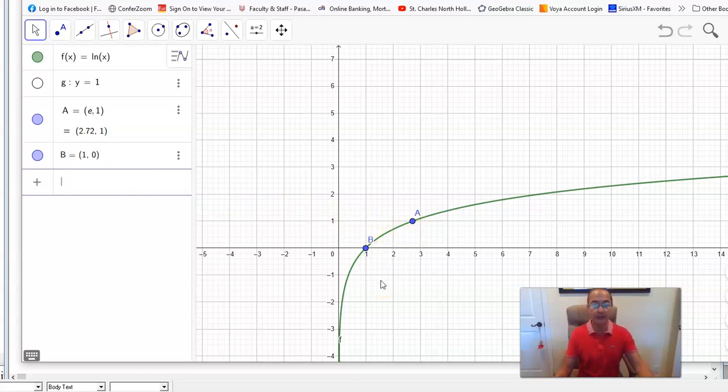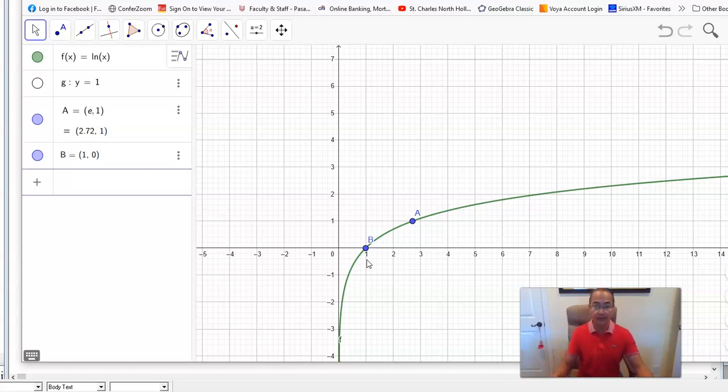Okay, what else did we say in that last video? The derivative of ln of x is 1 over x, because ln of x came from the definite integral from 1 to x of 1 over t dt. And by the fundamental theorem, that is going to tell us that the derivative of ln is just 1 over x, not 1 over t, but 1 over x.